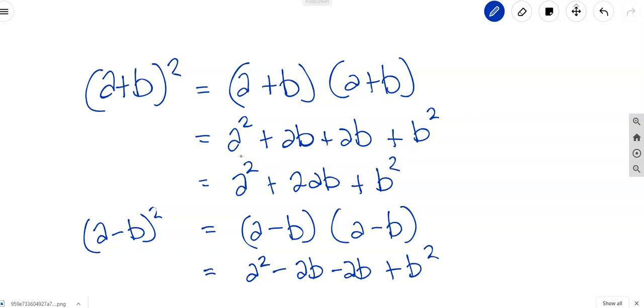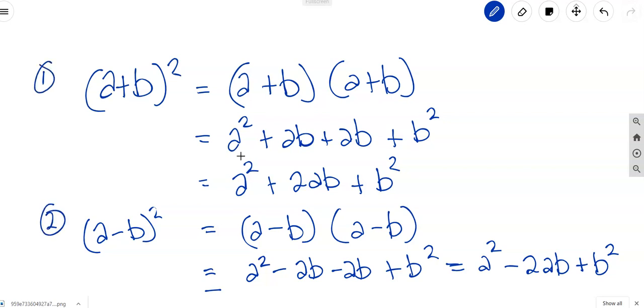And then the product will give us a squared minus 2ab plus b squared. So these are the two rules that we need to consider in doing square of a binomial.